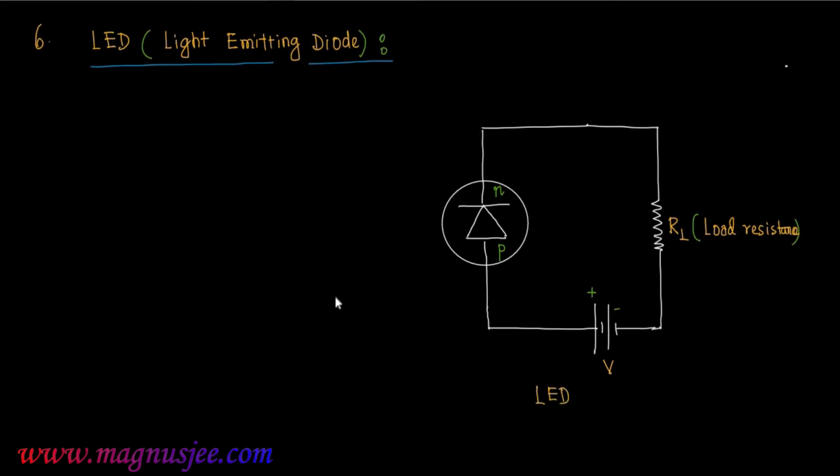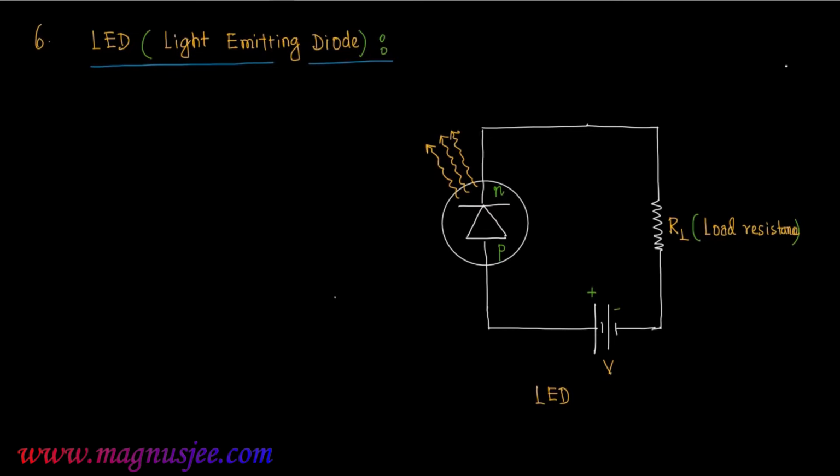In that case, light will be emitted from the N region of the PN junction diode. At a certain voltage, electromagnetic wave, that is light, will be radiated from the N region of the forward biased PN junction diode.